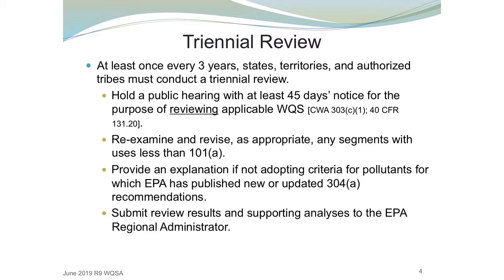So now what we require in the triennial review is that states at least look at our 304A numbers and provide an explanation why they're not adopting them. That was a new requirement that came within the 2015 regs. And then you have to submit your work and show your results to EPA.